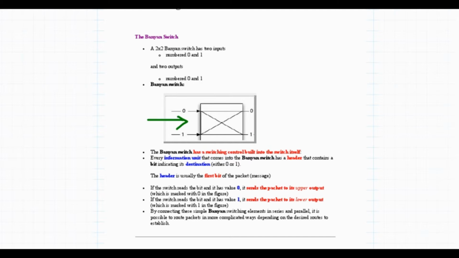So by connecting these Banyan switches, the so-called single stage and multi-stage interconnection networks are built.